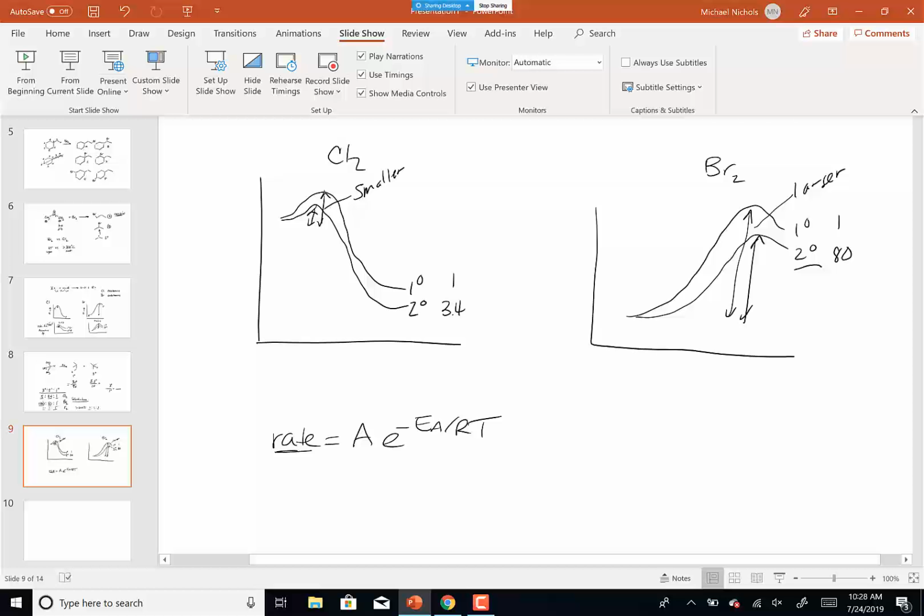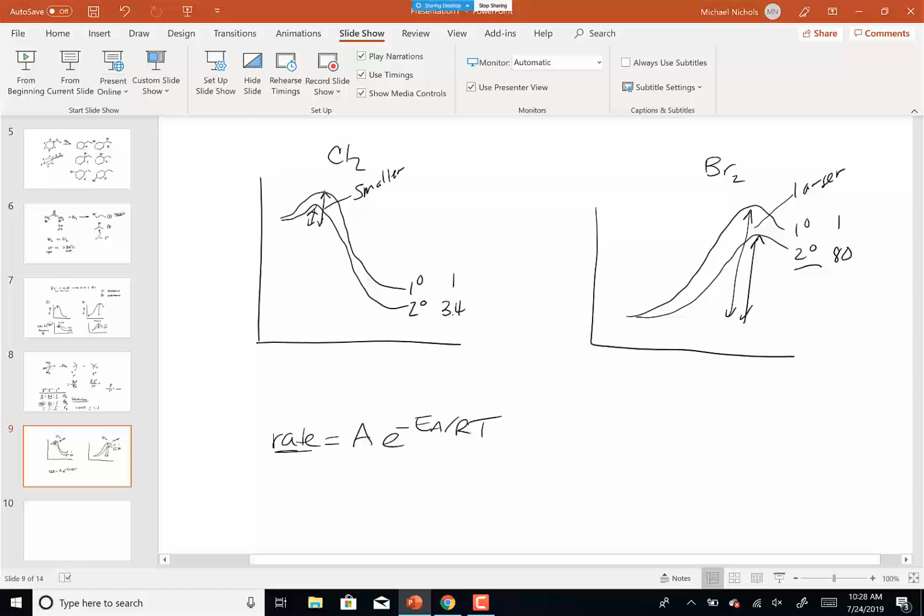So in other words, molecules at room temperature, where they have lots of energy, are going to be able to overcome both barriers at somewhat the same rate. If you consider 3.4, that's not that much different than 1, whereas 80 is hugely different.